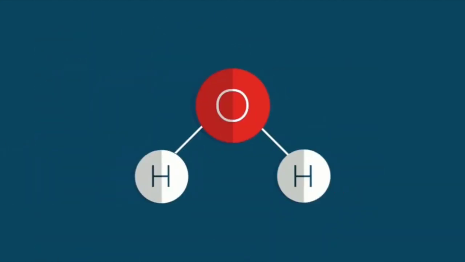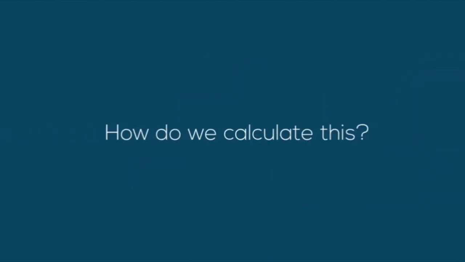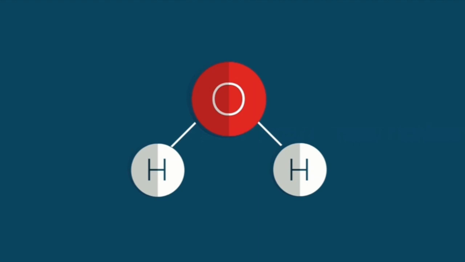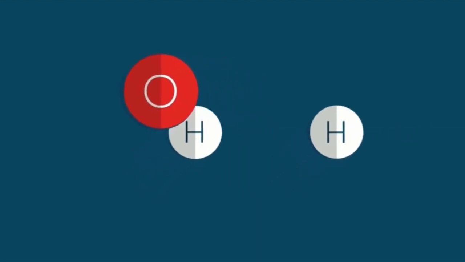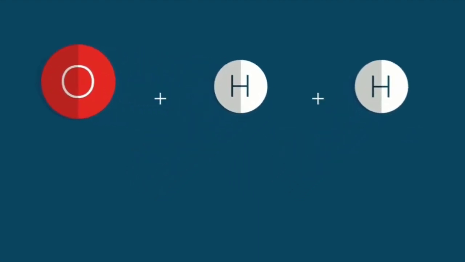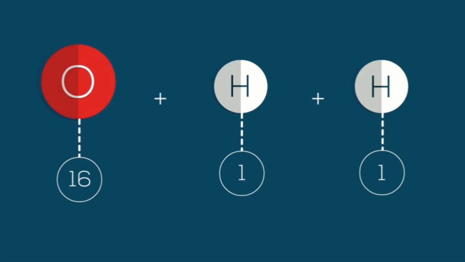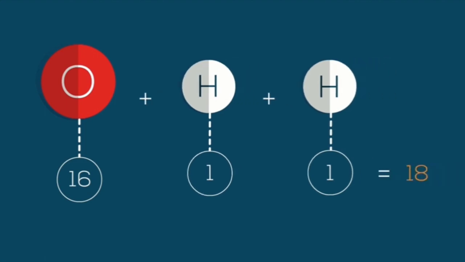In the water molecule, oxygen contributes 89% of the mass. But how do we calculate this? The percentage mass of oxygen within the water molecule is found if we add up the molecular mass of the oxygen atom, 16, with the molecular mass of the 2 hydrogen atoms, 1 each, giving us a total molecular mass of 18 for the water molecule.